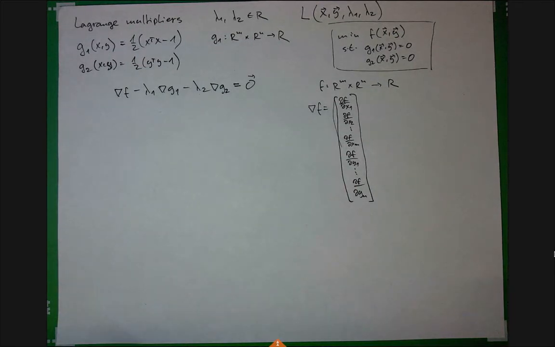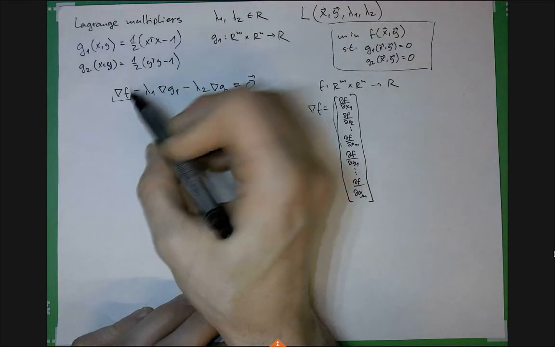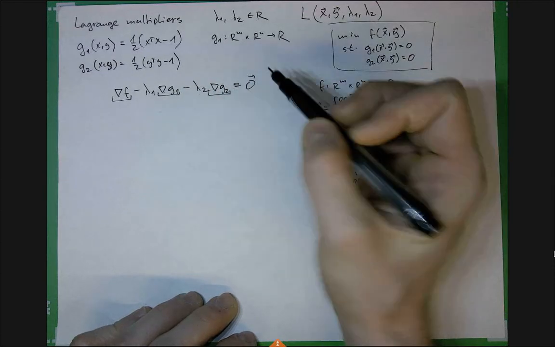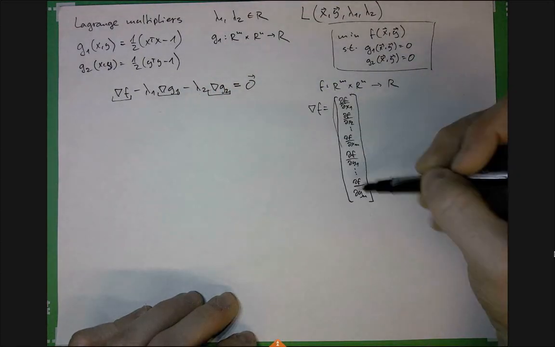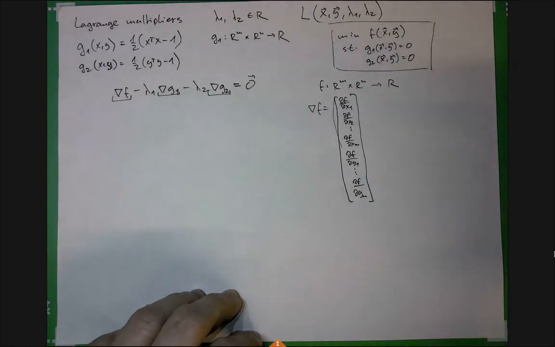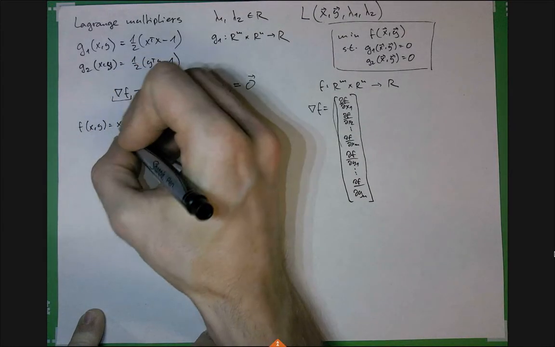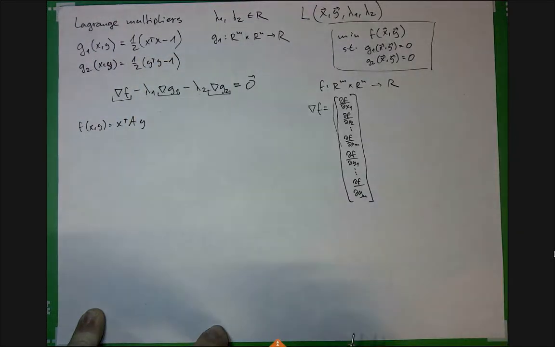So the question now is, what exactly are these gradients? We need to compute the gradients. Do you know how to compute gradients? We want to solve this problem, so we have to figure out what exactly the gradients are. They are defined as the vector of all the partial derivatives. The first thing we could think about is, what was the definition of f? F was nothing but x transpose Ay.